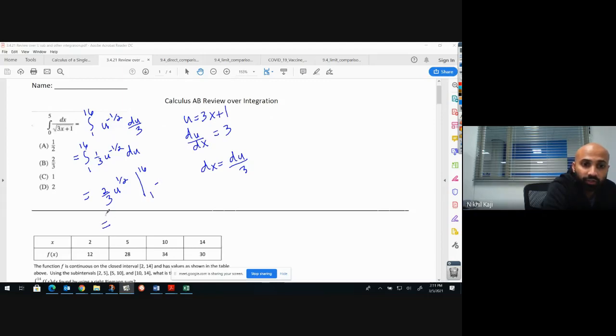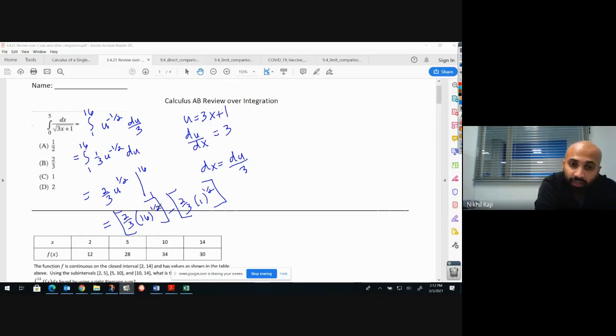which would end up being 2/3, 16 to the 1/2 power, minus 2/3, 1 to the 1/2 power. Now we do have to simplify this since it's multiple choice. We have to see which answer this ends up being.